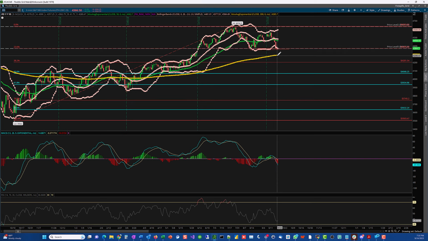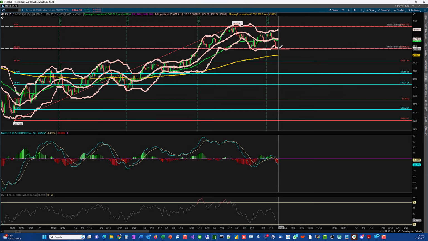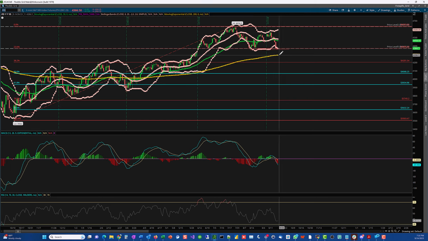You have the 200-day moving average right here, which is still quite a bit apart, but the next leg down, if this breaks, is that 200-day moving average, and that could act as a support.